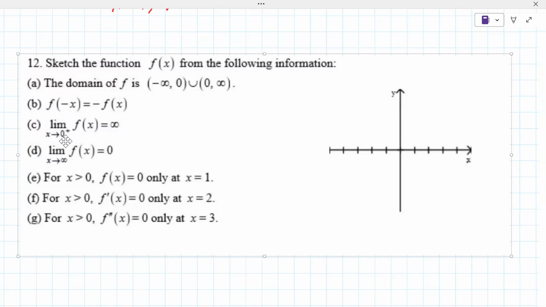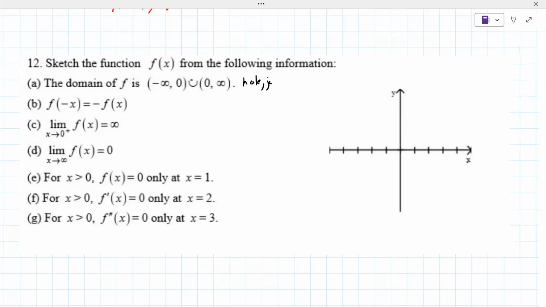If the domain of f is from minus infinity to 0, union 0 to infinity, that means something's going on at 0. We don't know what that is. It could be a hole, a jump, or an asymptote, but something's going on there.